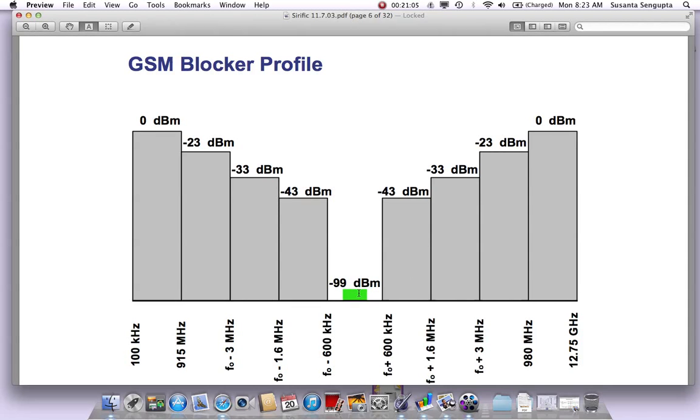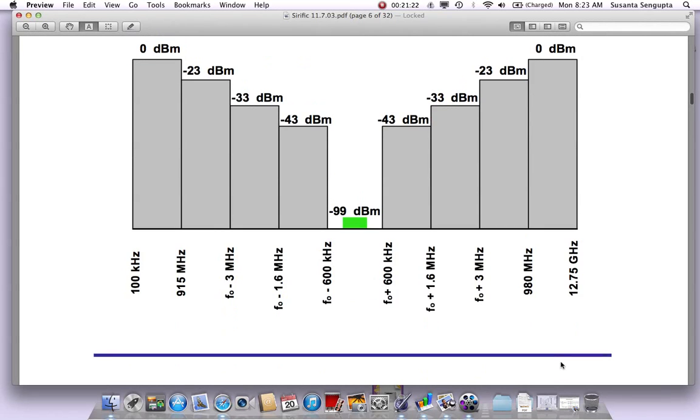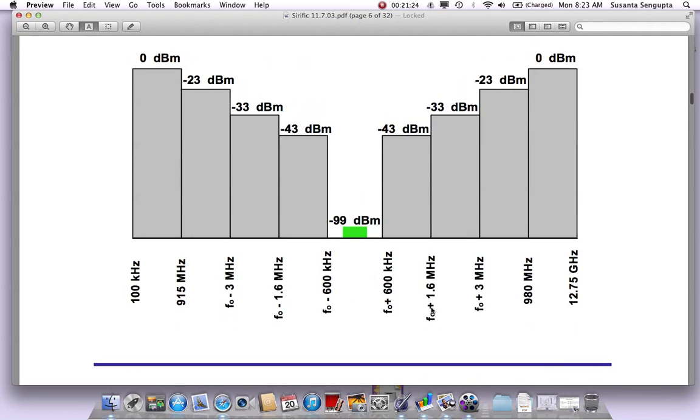Now remember that when we say GSM 850 or GSM 900, a certain channel, that doesn't mean it's a band. GSM 850 is a band. The band is going to have many small channels like this. This whole thing, up to 1.63 megahertz maybe, could constitute many channels within a single band.